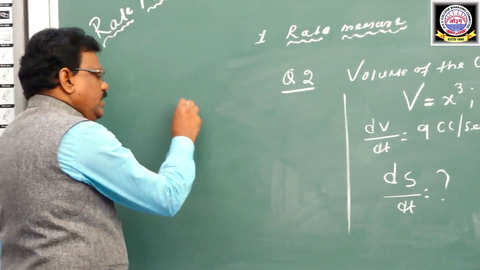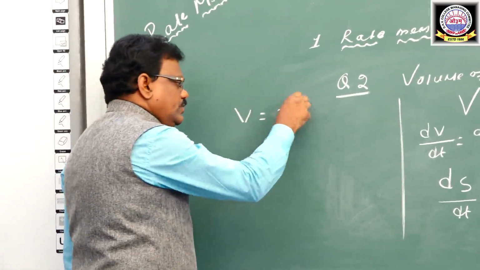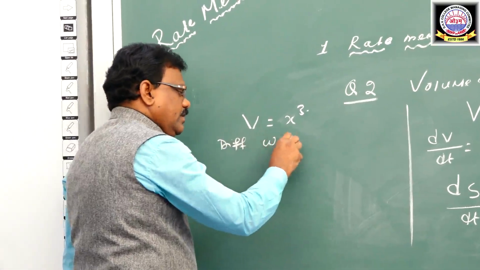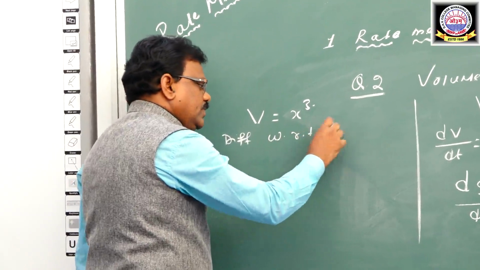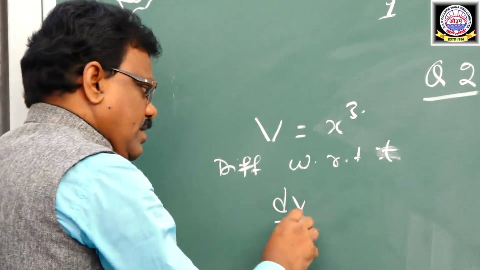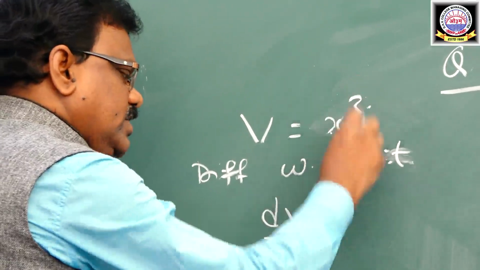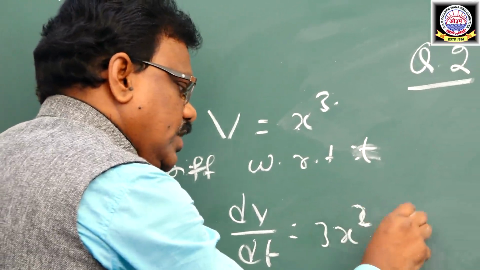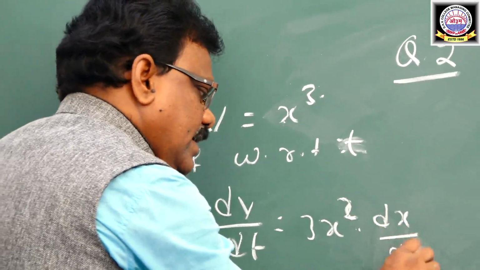So, V is equal to x cube. Differentiating with respect to t, time. It will be dV by dt equals 3x square, then by using the chain rule, dx by dt.